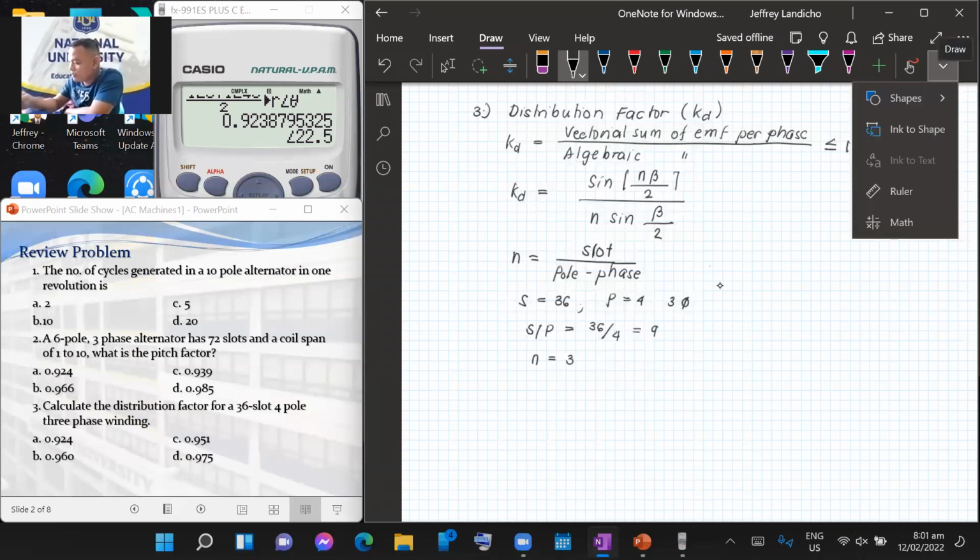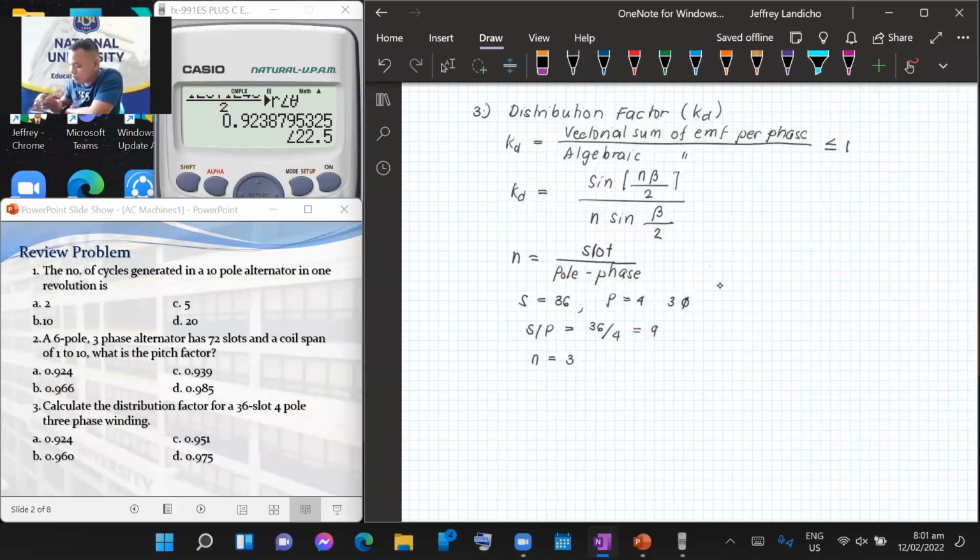So, kung kukunin natin ulit, to me, this would be the corresponding slots. One, two, three, four, 5, 6, 7, 8, 9, 10.